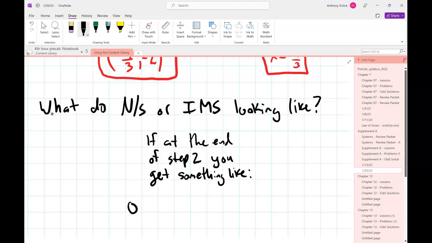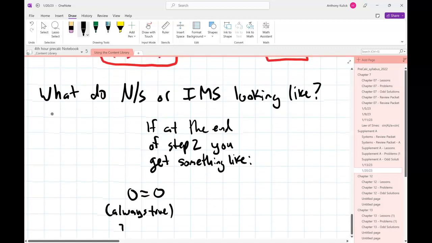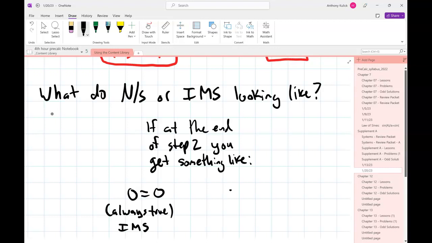If you get something like 0 equals 0, something that's always true, that's the infinitely many solution situation. If you get something like 0 equals 1, an equation that's always false, that's the no solution indicator.